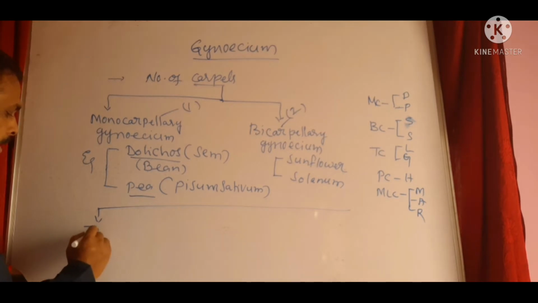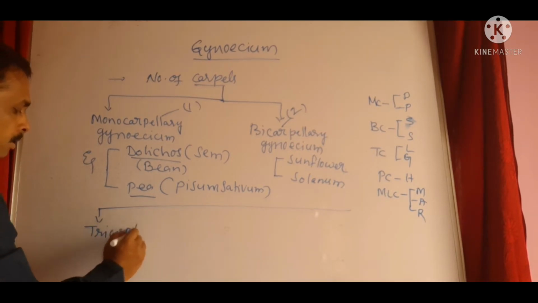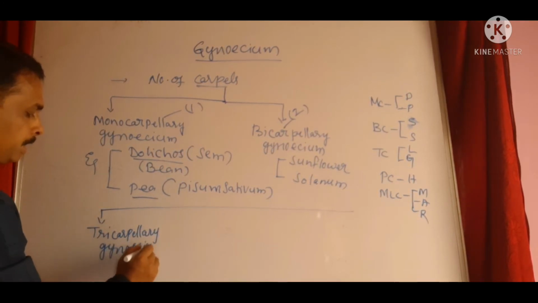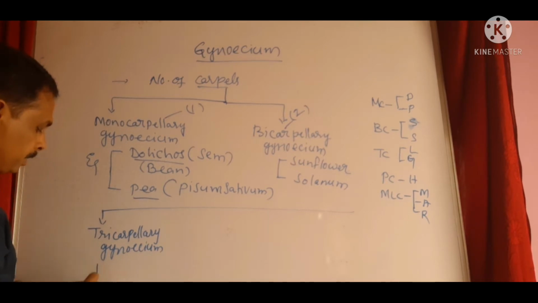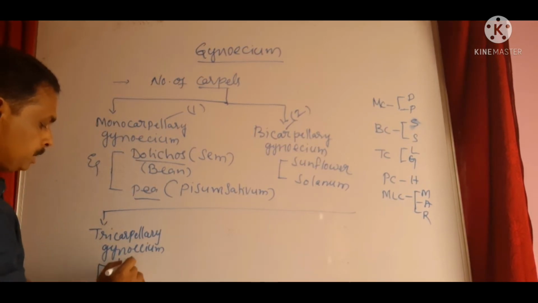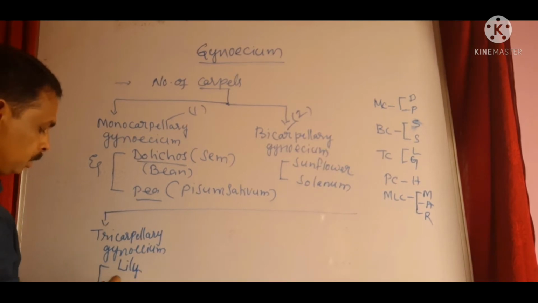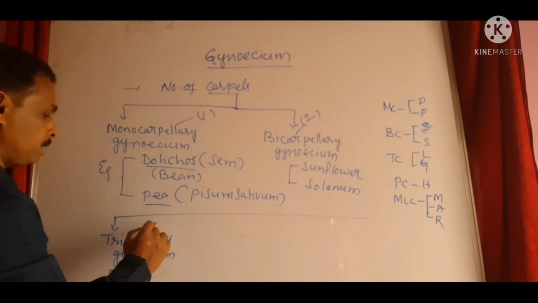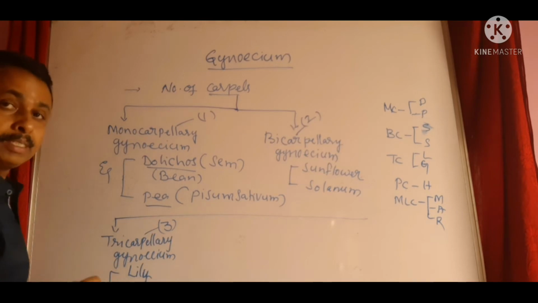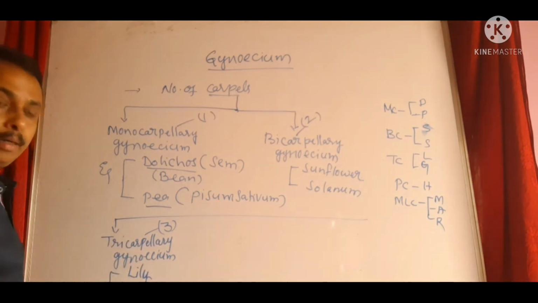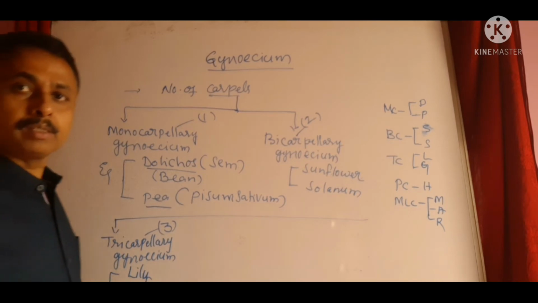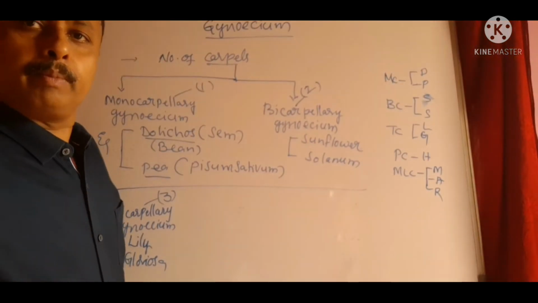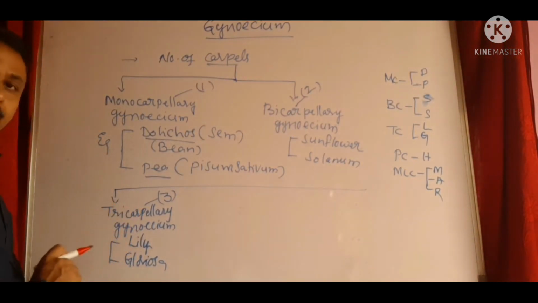The next one is tricarpellary gynoecium. Examples for tricarpellary gynoecium are lily, which belongs to monocots, and Gloriosa. That means the gynoecium is composed of three carpels, that's why it is called tricarpellary.